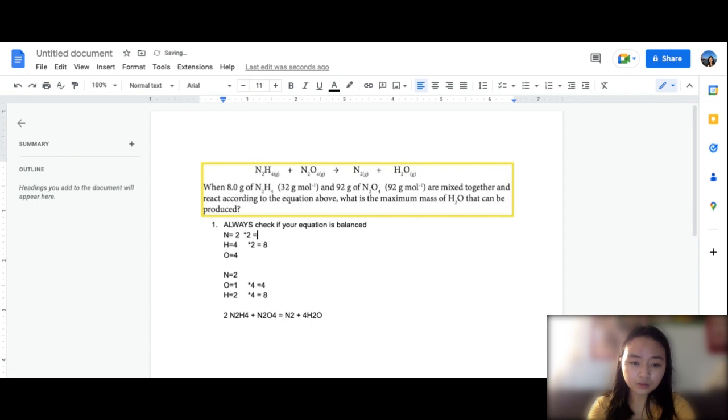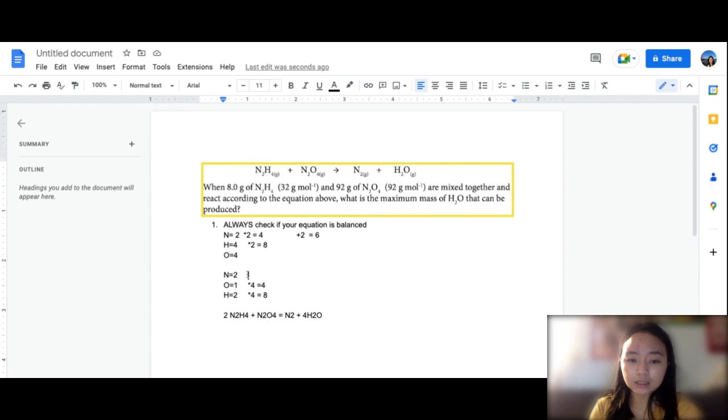And so that equals 4, and we also have the 2 left over from the N2O4. So total 6. Now I have 6 nitrogens, 8 hydrogens, 4 oxygens, and on the other side, 2 nitrogens, 4 oxygens, and 8 hydrogens. So now we can see that oxygen and hydrogen are both balanced.